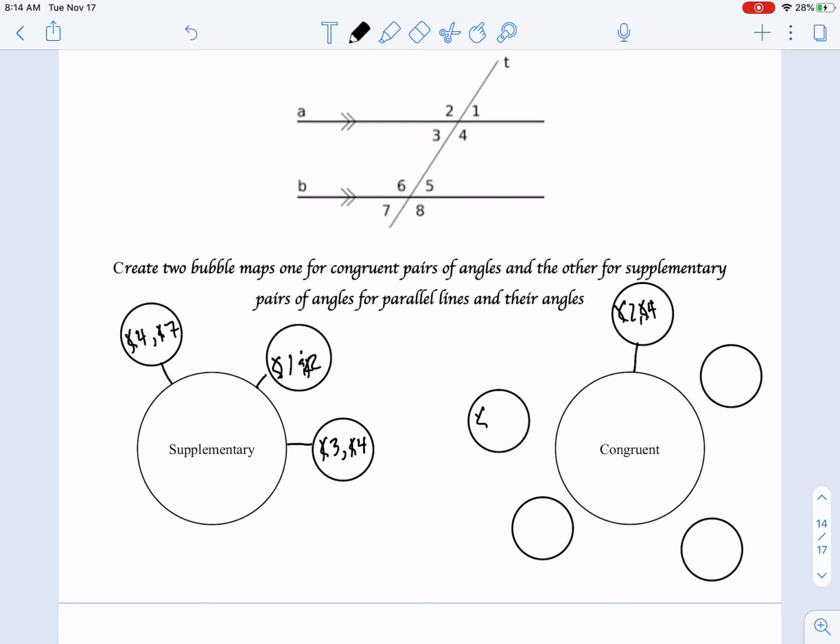We could also say angle 5, and it's acute, so angle 3. We could say angle 1, angle 3. We could say angle 8 and angle 2. Say angle 6 and angle 4. All right, all of these are options.